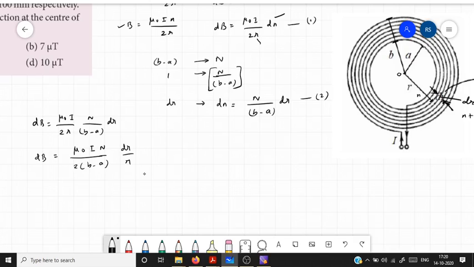Now this is our expression which we can readily integrate. So the second step is the integration process.